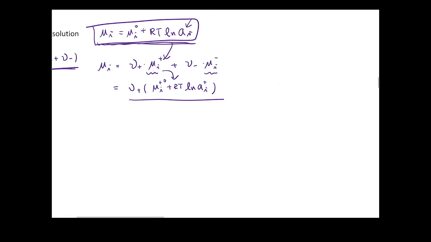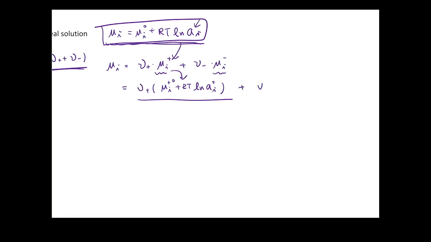Repeat the same for mu minus times mu_i minus naught plus RT natural log a_i minus.